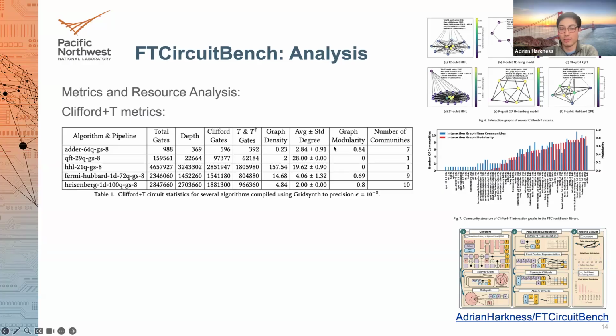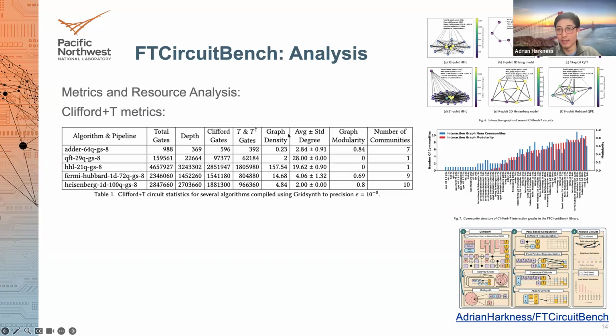The modularity specifically tells you how well your interaction graph can be described as multiple individual graphs. And then the number of communities is very closely tied to that. After you've computed modularity, you're given a set of communities in your graph. We also have the average and standard deviation degree of each node, and that tells you how closely everything is interacting with everything else.